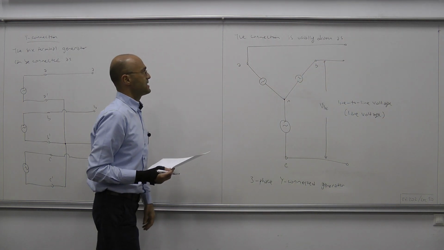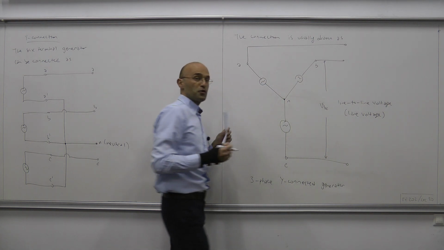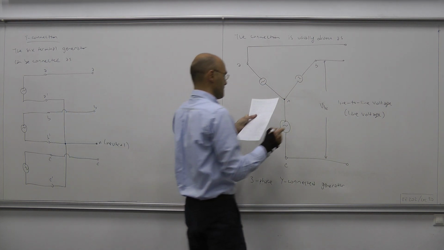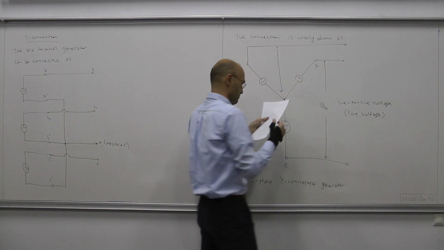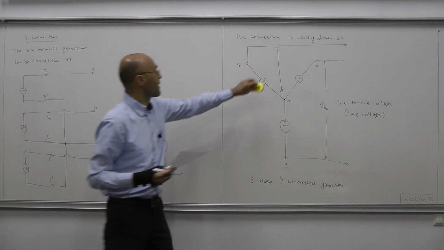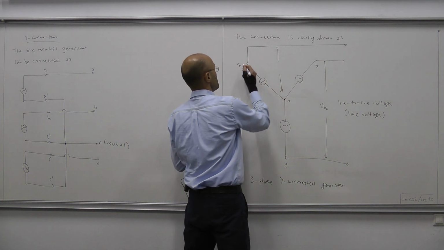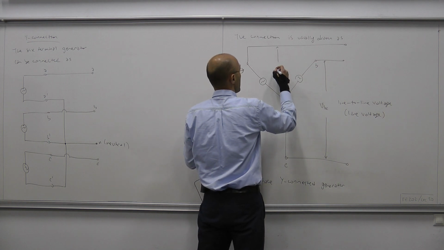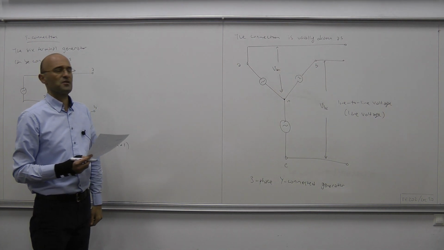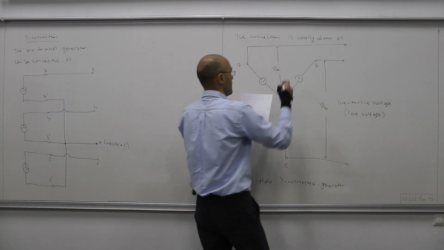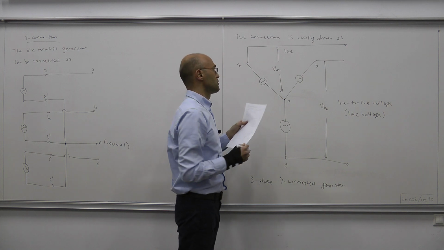Okay, and we have another voltage. It's from line to the neutral node voltage. Okay, and that's denoted by, for instance, since this is node A and this is node N, this is denoted by V sub AN. Okay, and this is called line to neutral voltage.